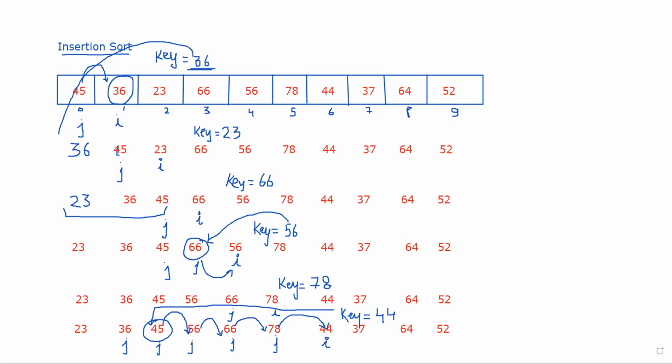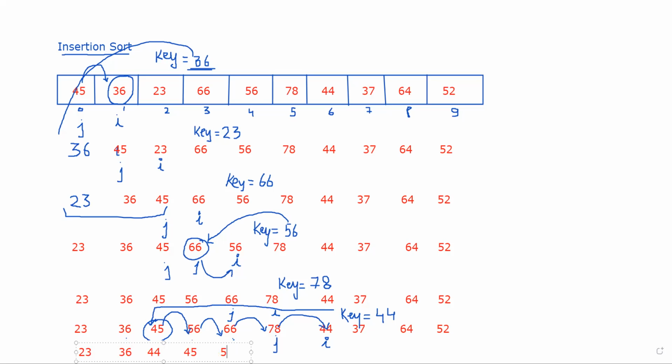Any doubt? So ultimately what I will be getting, now you can see my list will be 23, then 36. Now we will be having 44. Means 44 we have inserted at its correct position.